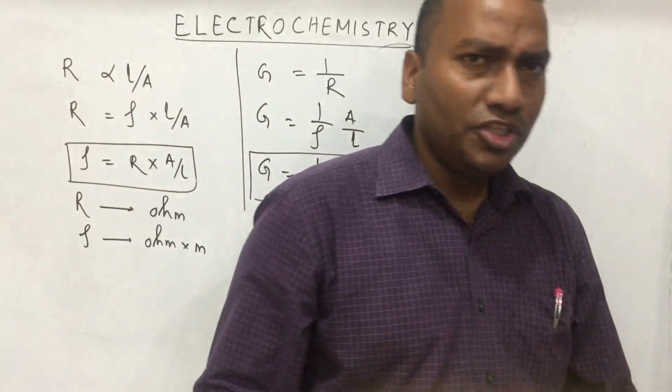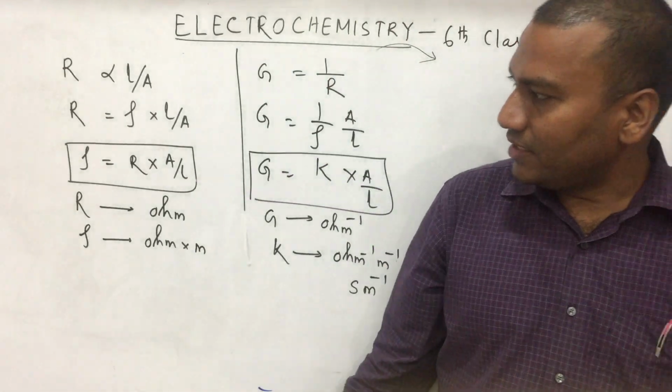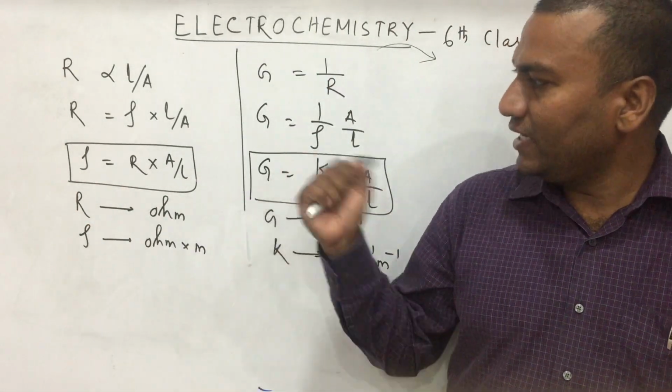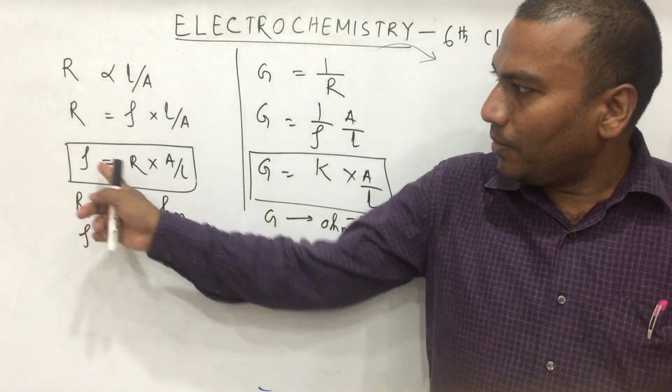Next, theoretical definitions will come like this: define rho, define kappa. How can we define rho?